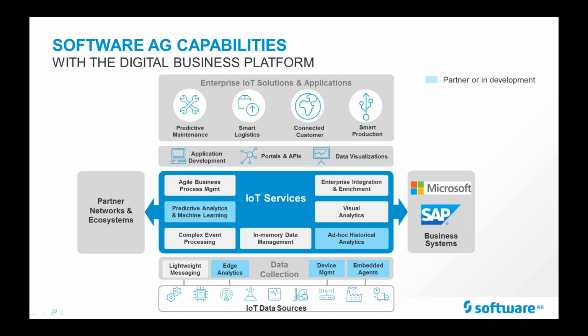And take one level down, you will break it down into IoT services, and you not only need to integrate with consumers, you need to integrate with your ERP systems on the right-hand side. You also have to integrate with your partner networks and ecosystems, the energy trading hubs, other utilities, and your other partners as well.